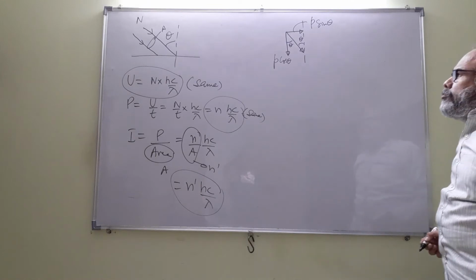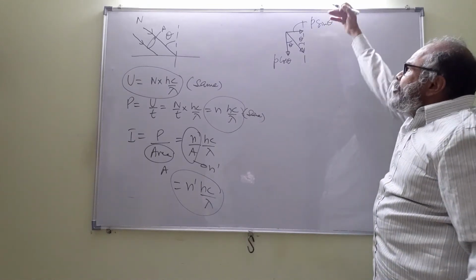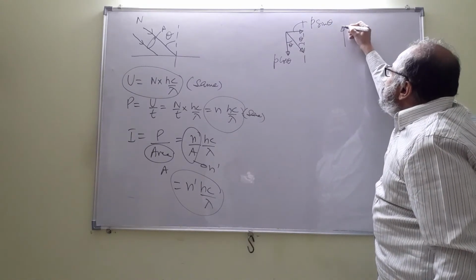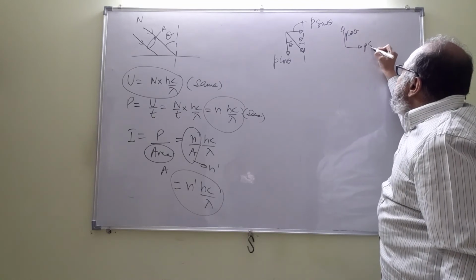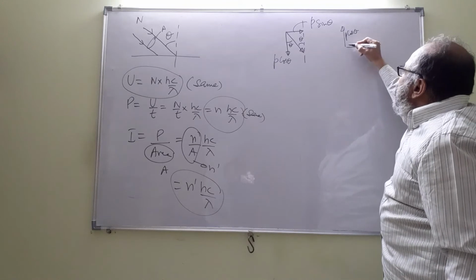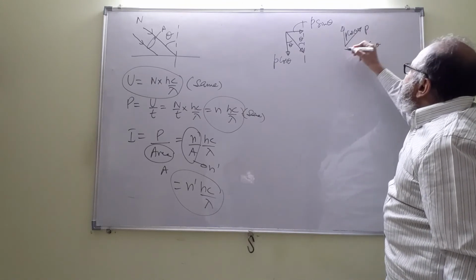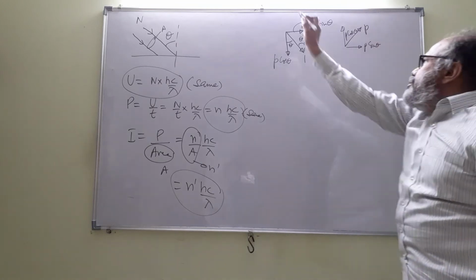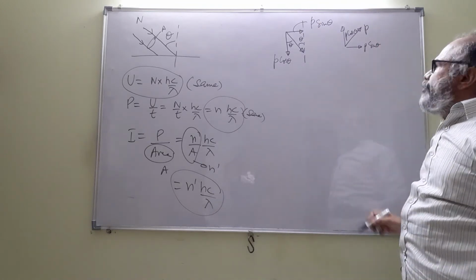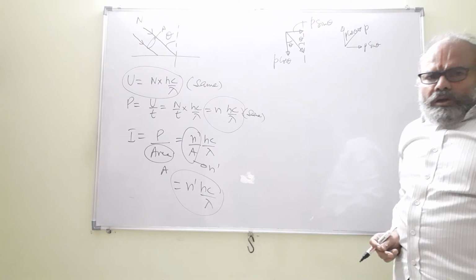Now for a reflected photon, this p cos theta will get reversed and p sin theta will remain unaffected, and the photon will get reflected this way. It is incident this way and gets reflected this way. It follows the laws of reflection.